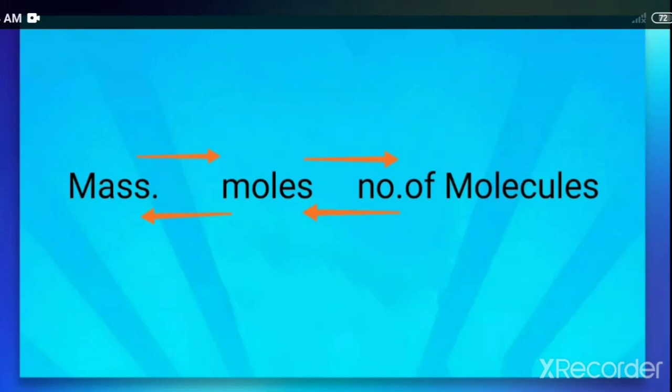We have discussed in the mole concept, we can exchange mass into mole, mole into number of molecules, number of molecules into moles, and moles into mass. So we can define an equation in terms of mass, moles, and number of molecules.